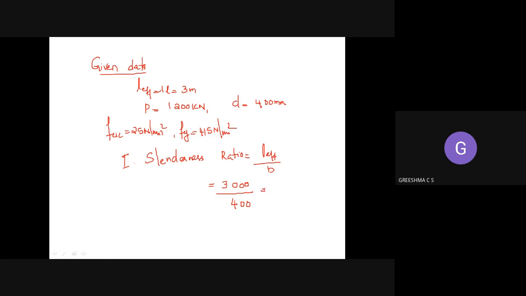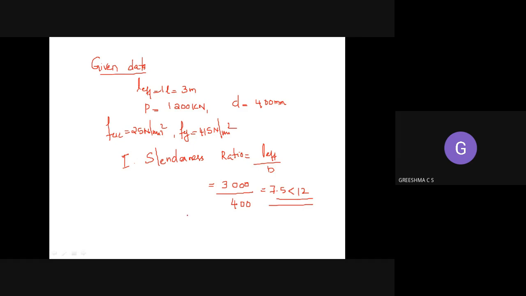How much is it? 3000 divided by 400 is 7.5, clearly less than 12.